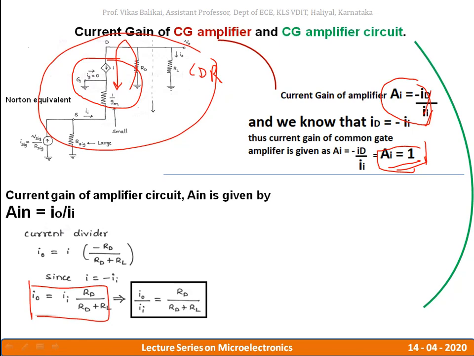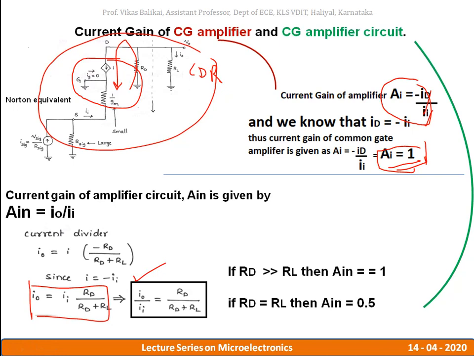And if I bring this II over here, that will give me my overall current gain I naught by II, that is RD divided by RD plus RL. Now suppose RD is much greater than RL.